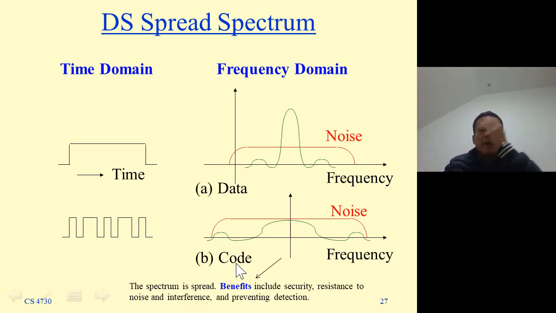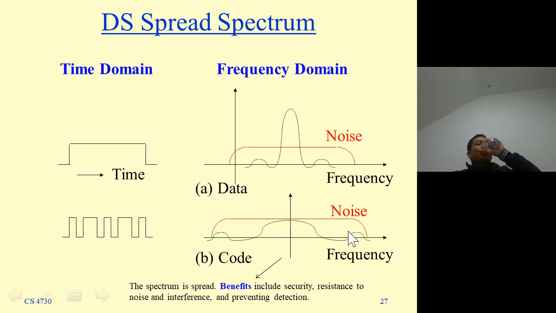You can see that the signal waveform in the frequency domain is almost buried in the noise. That's a good thing, because it's very secure. The spectrum is spread among a wide frequency range, and is resistant to noise and interference, and prevents detection because you are below the noise level.